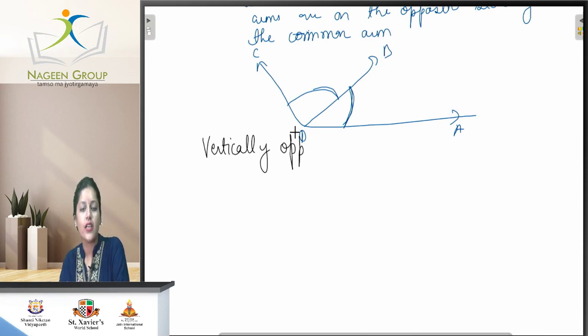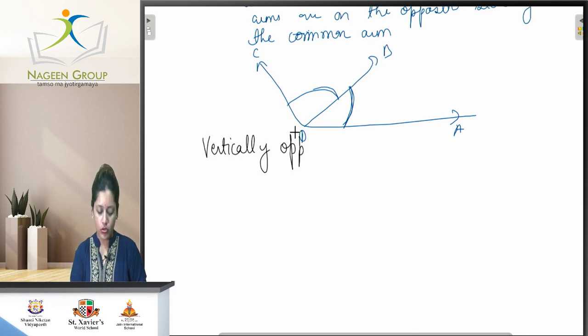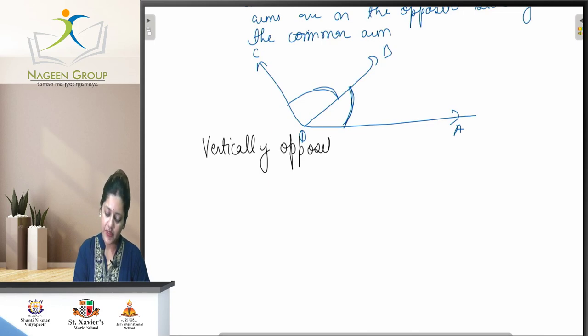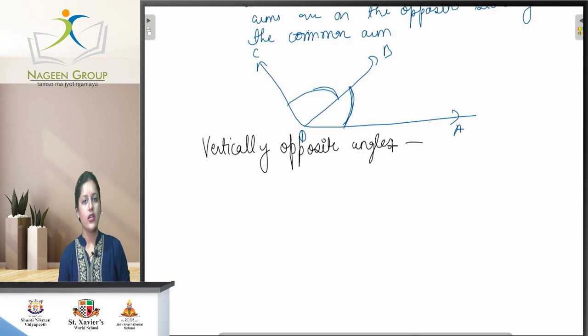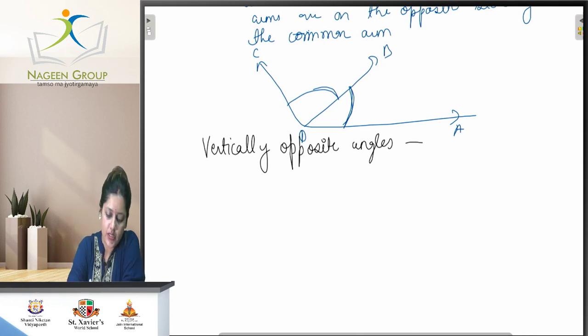The actual vertically opposite and adjacent angles we are going to learn in the upcoming topics of the same chapter. So, have patience, this is only the definition. You have to learn the definitions mainly; the reality of these angles you will see in our coming topics.